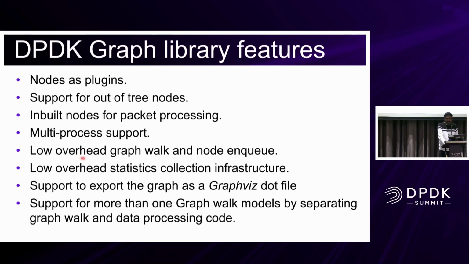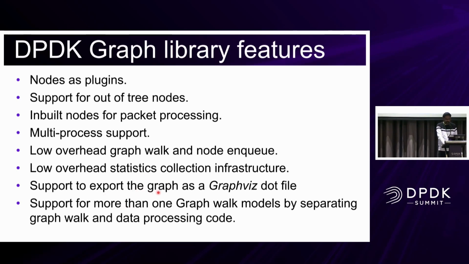Also, it has a low-overhead graph walk and node enqueue functions to enable a framework. We have a performance test case to figure out the cost of doing an enqueue and doing a graph walk, etc. It also comes with statistics of how much time a given node took, and we have dedicated slides for that.